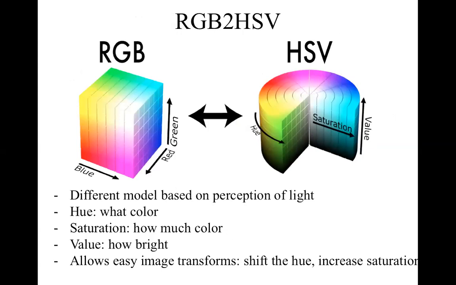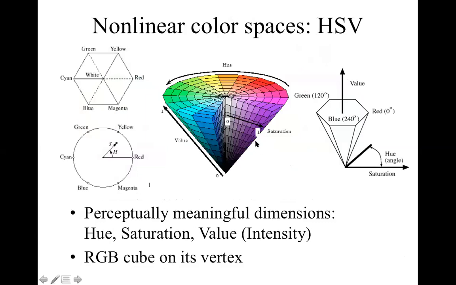There are some geometric transformations that transform the RGB space into the hue, saturation, value color space. Hue basically means what color you have, so if you want to detect the red color, it corresponds to hue 0.